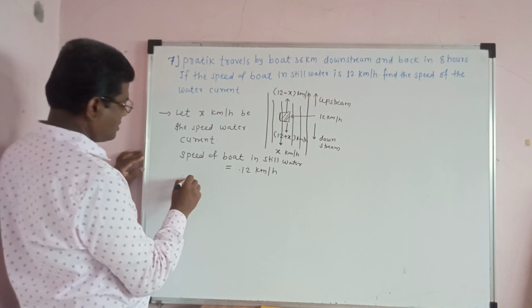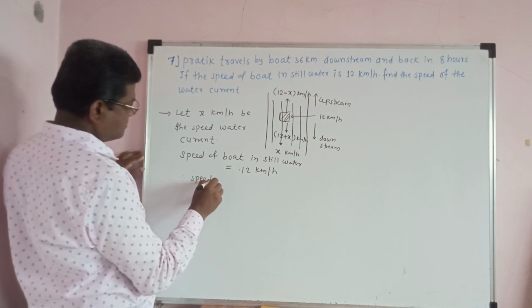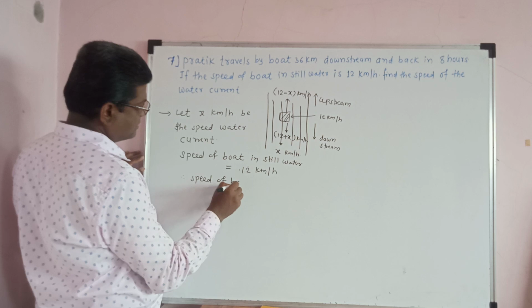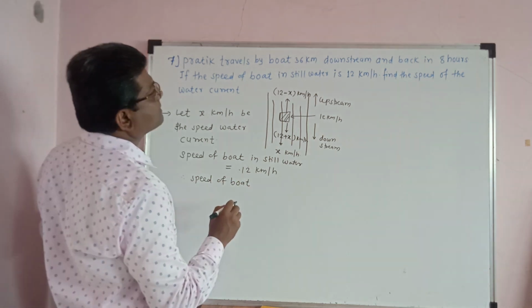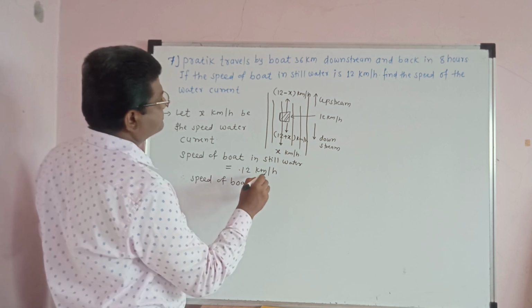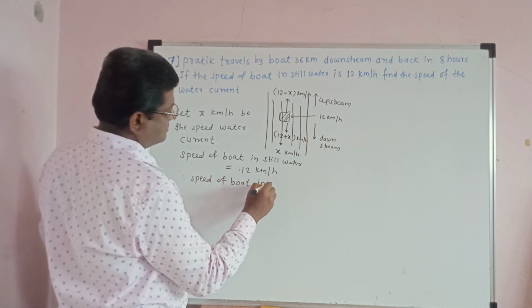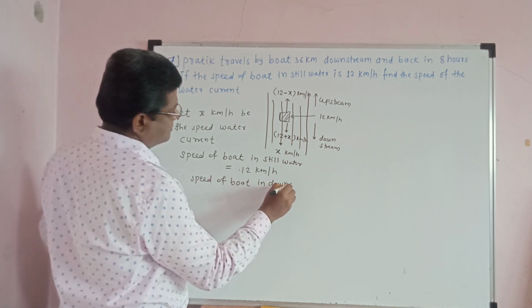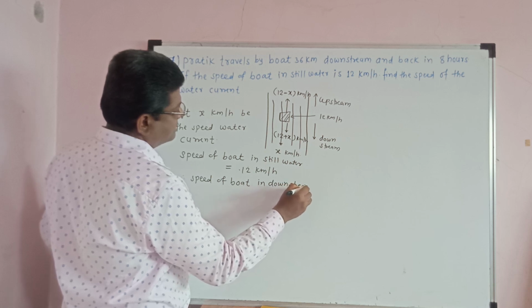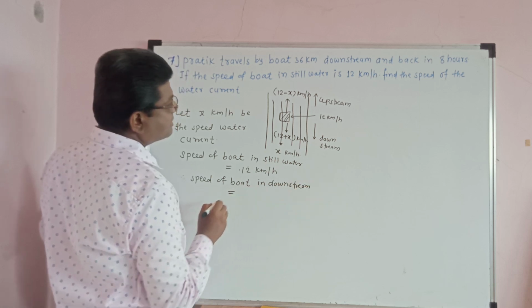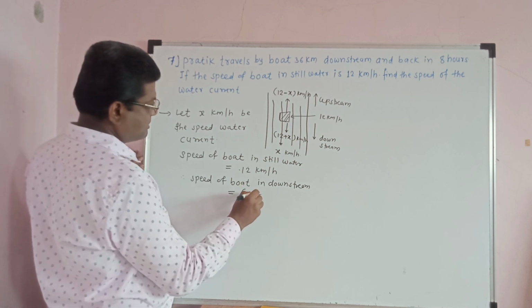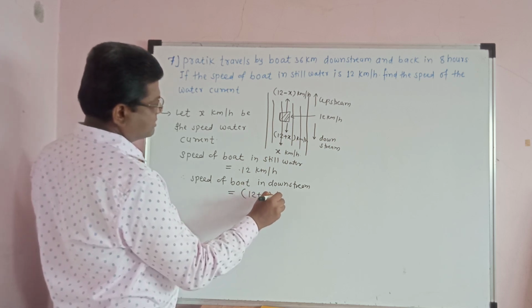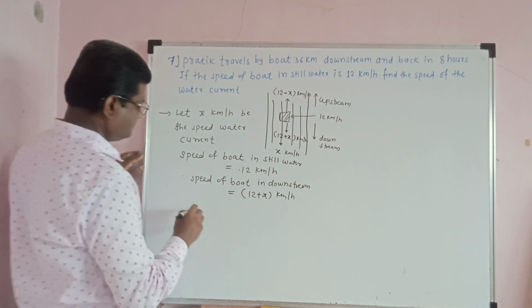Now speed of boat in downstream, means in the direction of water current, will be 12 plus x km per hour.